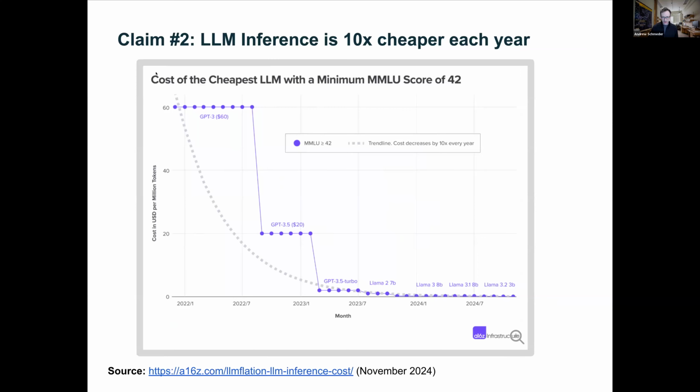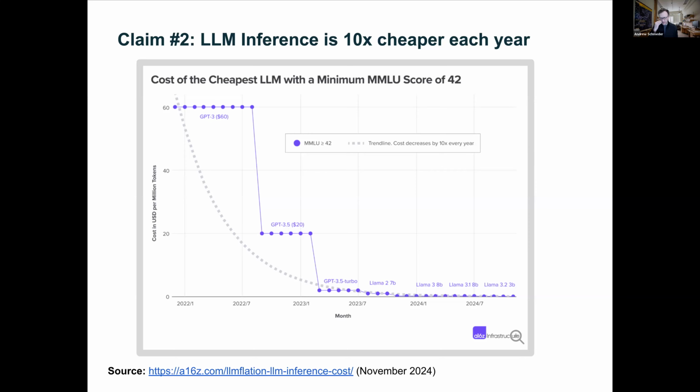Another claim that I've seen, and that's interesting to me, is this claim that LLM inference is effectively getting 10x cheaper each year. And that isn't true at the API cost level; the cost of using large language models has actually stayed about the same.